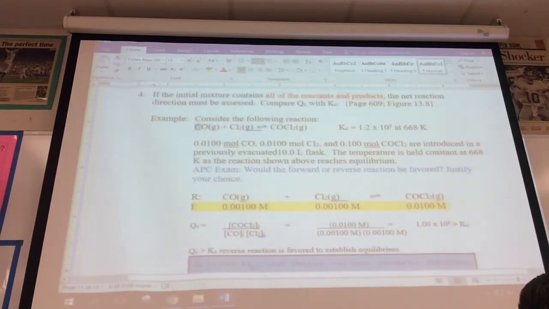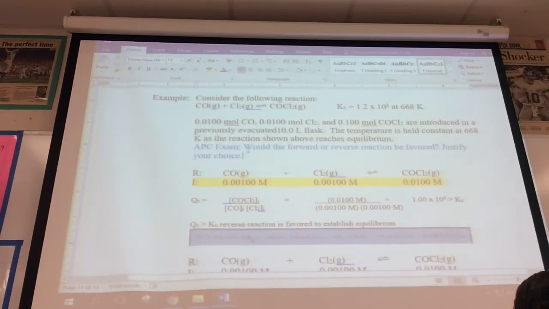For example, forming phosgene from carbon monoxide and chlorine gas, the Kc is given. Initially, you've got all of this in the flask. This is the first time we have thrown in reactants and products. You've got a 10-liter flask, and the temperature is held constant. On the AP exam, it may say, would the forward or reverse reaction be favored, and justify your choice, just like I did to you on the mini quiz.